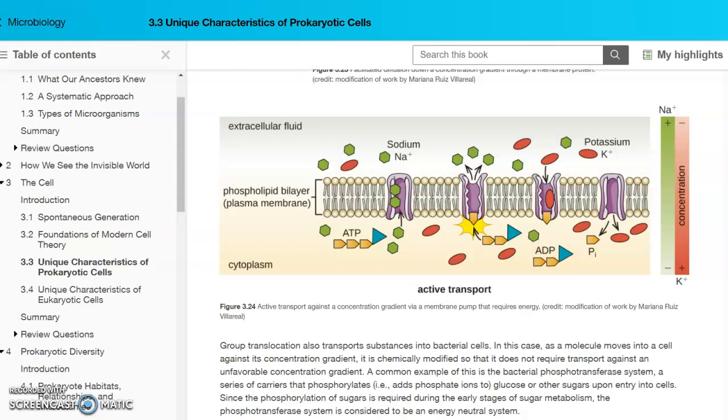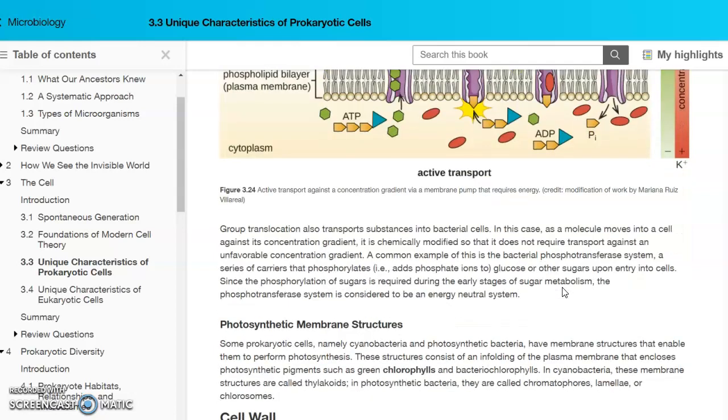So this is called active transport, where we're going to use energy in the form of ATP to move these substances against their gradient. And these forms of membrane transport, diffusion, facilitated diffusion, active transport, they happen in all types of cells. This is not just unique to prokaryotic cells. This happens in eukaryotic cells as well.